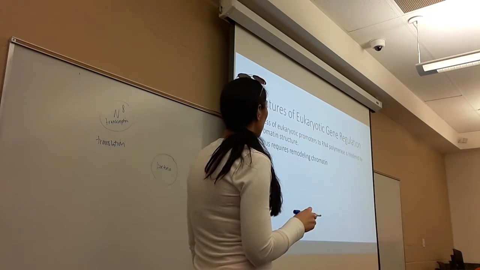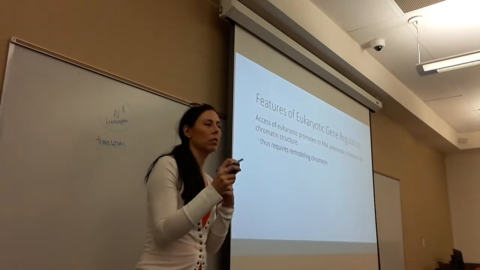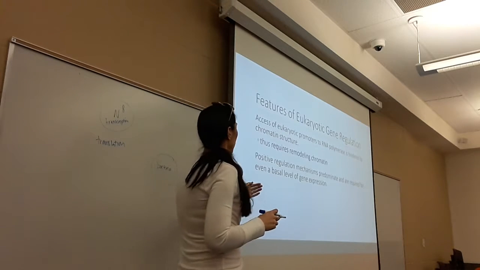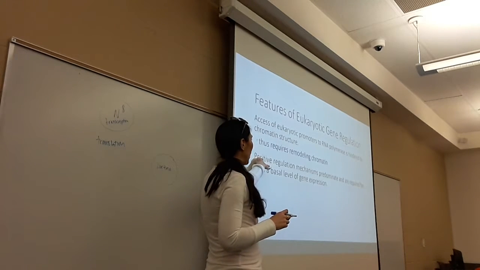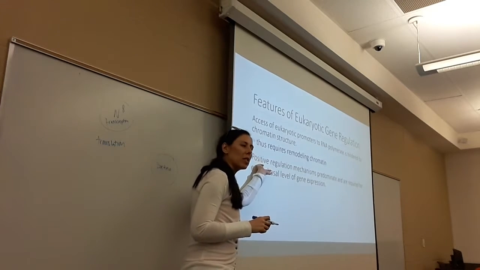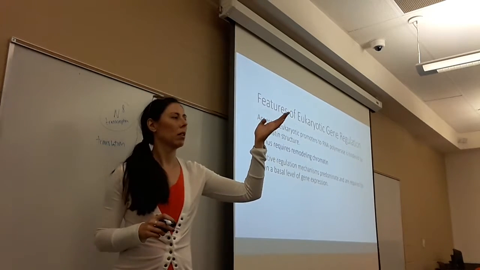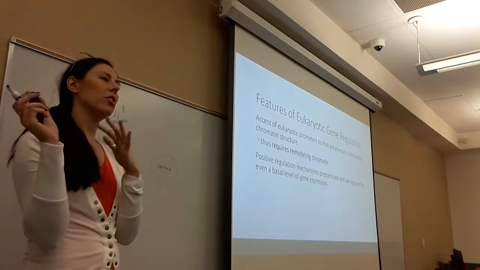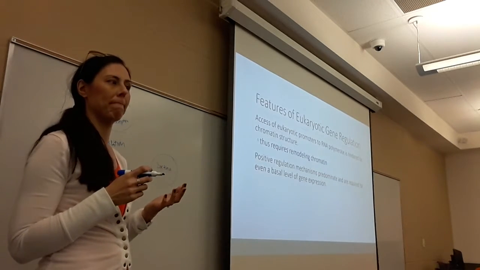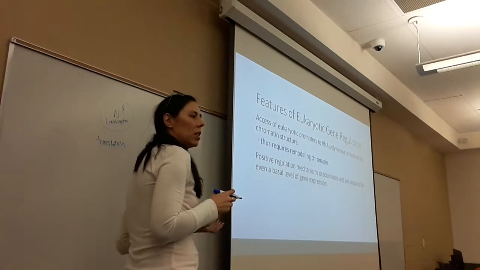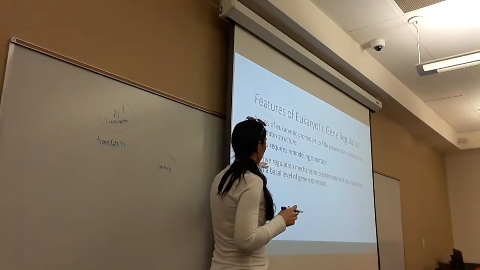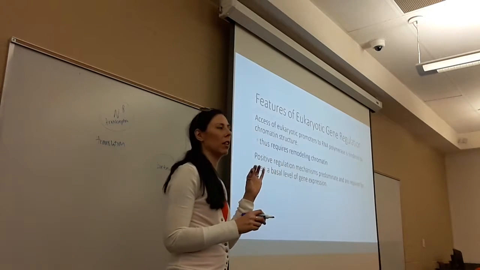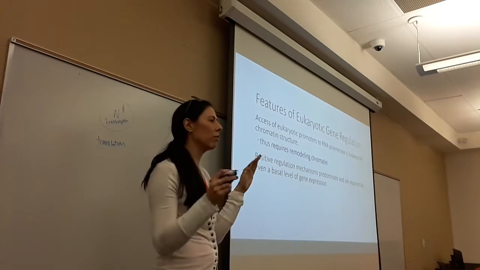So our regulation requires us to remodel that DNA. Positive regulation is mostly what we're seeing in eukaryotes. This negative regulation stuff, not so much. Mostly everything we see in eukaryotes is positive. And even a little bit of positive regulation is required for any sort of gene expression.